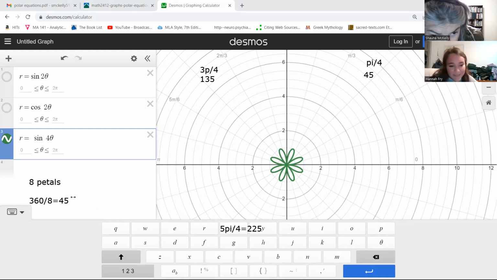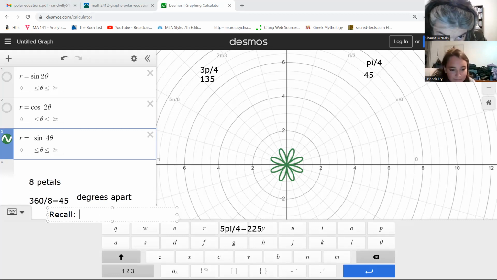So this means that your petals are 45 degrees apart. This doesn't tell you where they start, though, does it? Recall that sine has a max at 90 degrees.